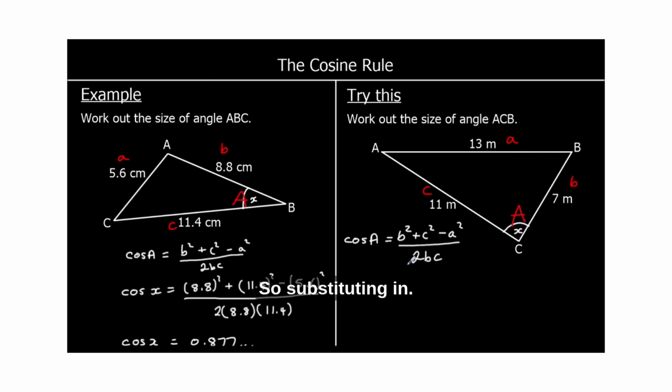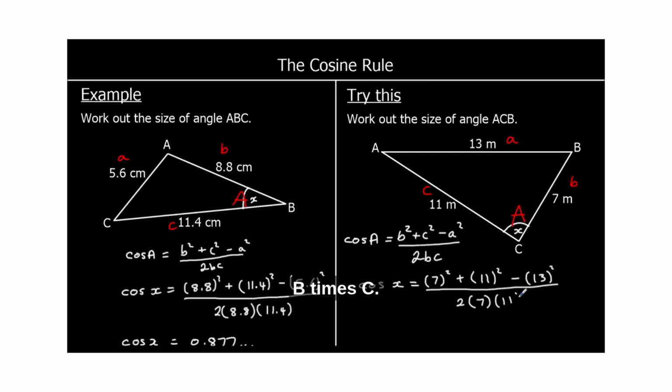So substituting in, we're going to have cos x is equal to b squared, which I've got as 7 squared, plus c squared, so 11 squared, minus a squared, which is 13 squared, over 2 times b times c.